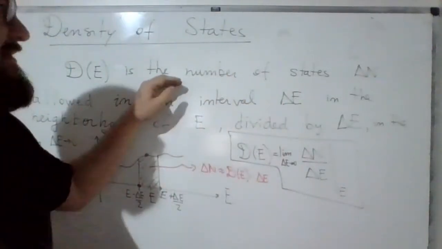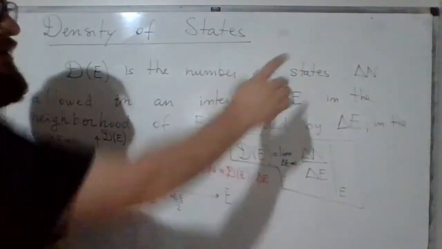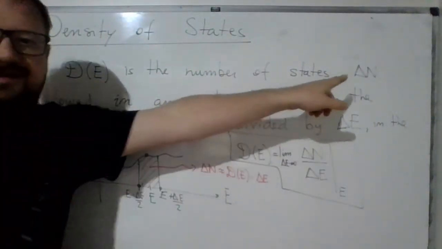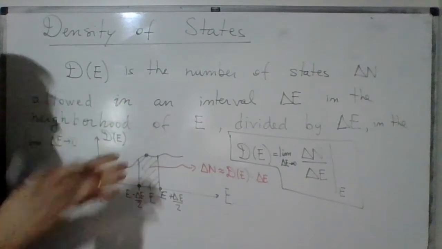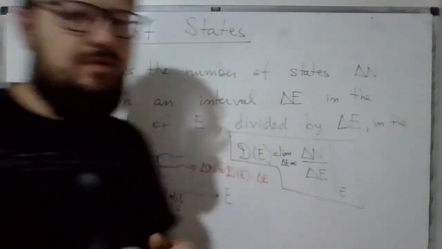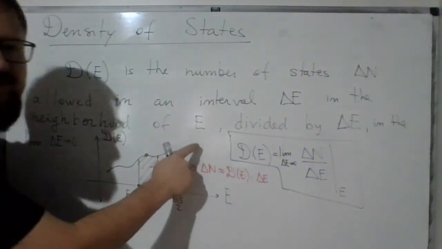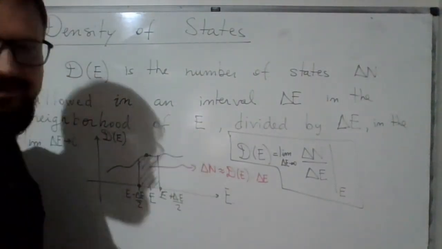So a density of states refers to the number of states allowed in a certain region of energies, okay, around E, some particular value of the energy, right?